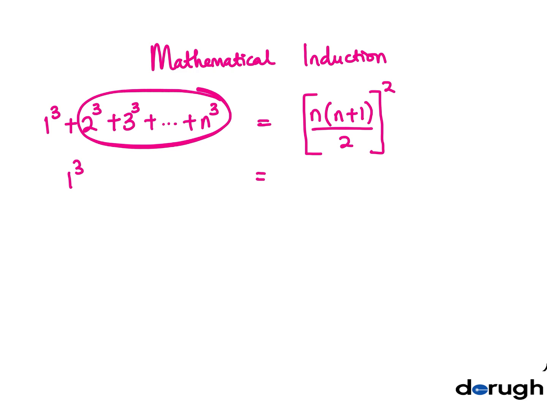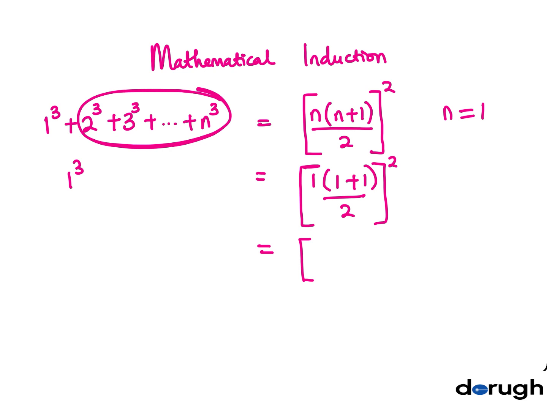On the right hand side, n equals 1, so we'll substitute n for 1. Anywhere we see n, we'll change it to 1, and then we'll see what it gives us at the end of the day. We have 1 times 1 plus 1 over 2, all squared, which is 1 times 2, since 1 plus 1 is 2, all over 2, all squared.